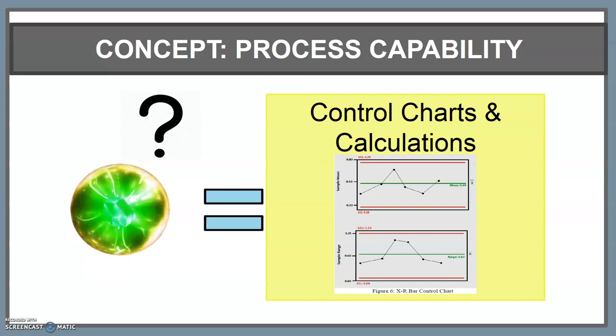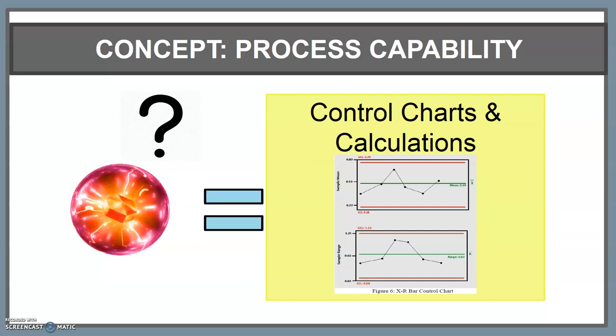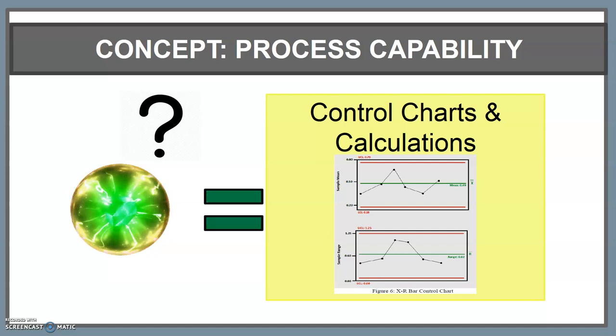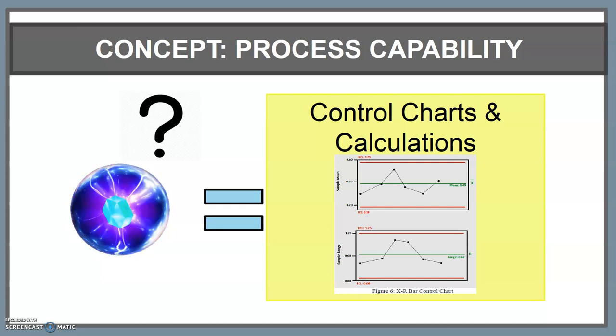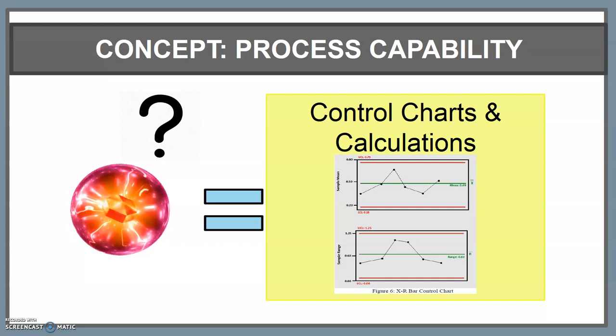That is the control chart. If you are doing a good control chart with accurate data collected from the process, you can predict the process accurately. So the control chart is used to predict the process performance for your product.